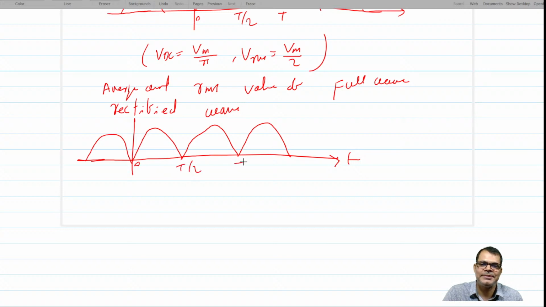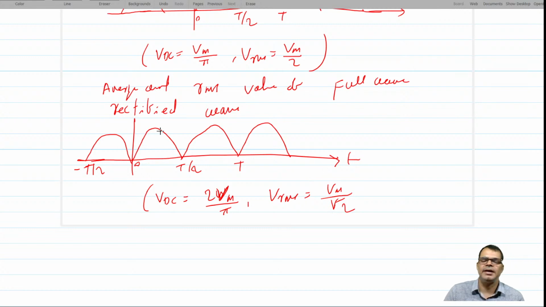T by 2, T like that, minus T by 2. So it is a task: you should find VDC is 2 Vm upon pi, and Vrms is the same as for the sinusoidal wave, because RMS value does not change.